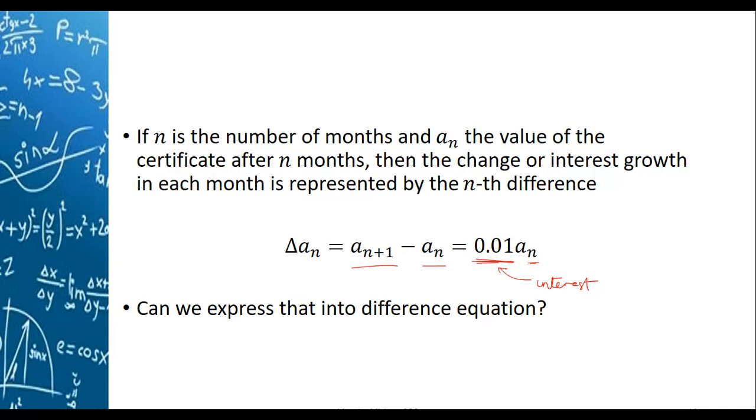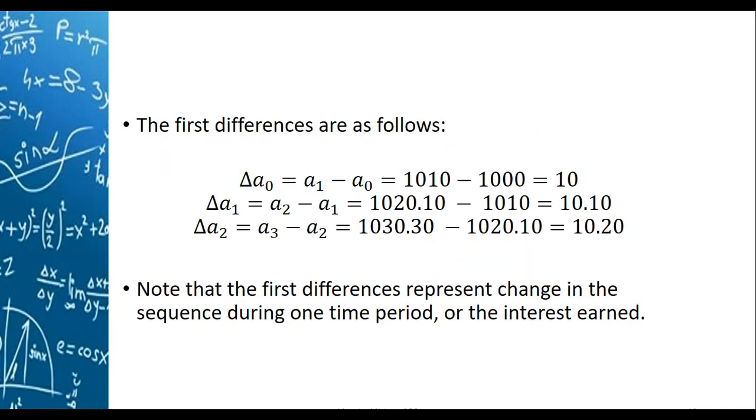I show you again on the previous slide in case you get a little caught up with this. You can see over here, this is your an, this is your an plus one, and then this is your an. I think you can work out your interest rate multiplied by your an.